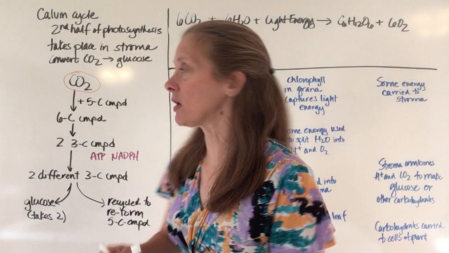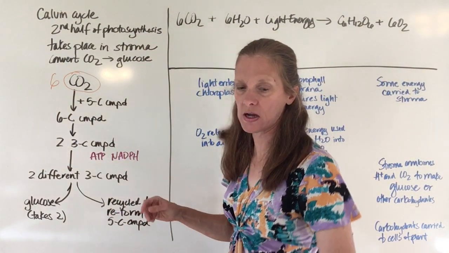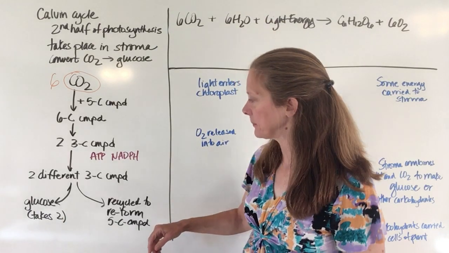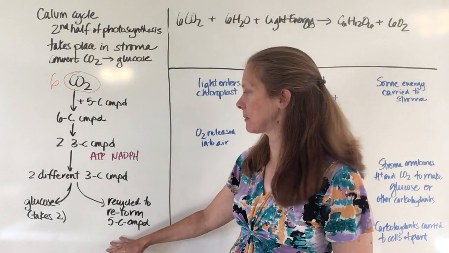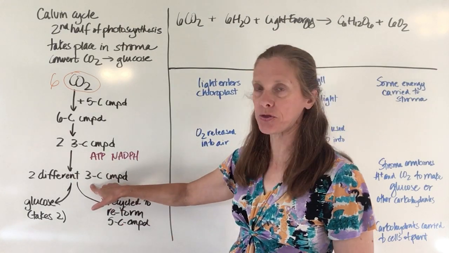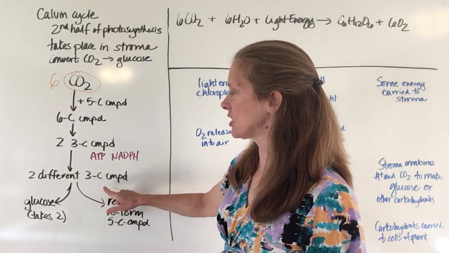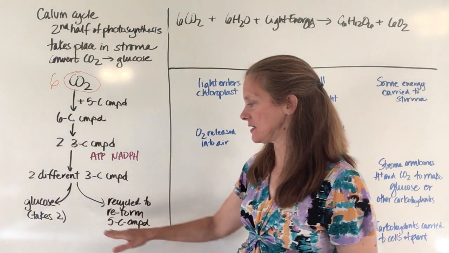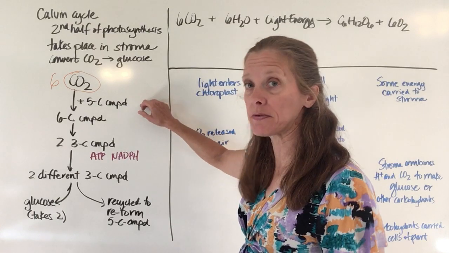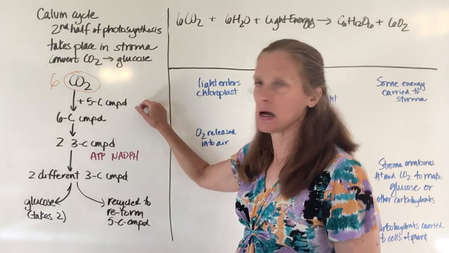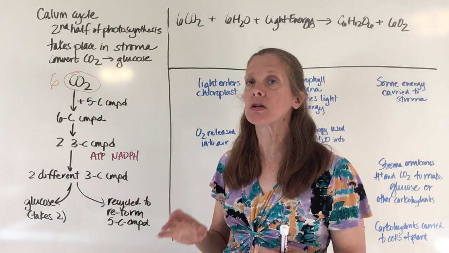So that's actually where the 6 comes from, because if you did all the math as you went through here, I'm going to have way more than just a 3-carbon compound a couple of different times, because it has to come out even. I actually have to have 5 of these to recycle them in order to make 3 5-carbon compounds.